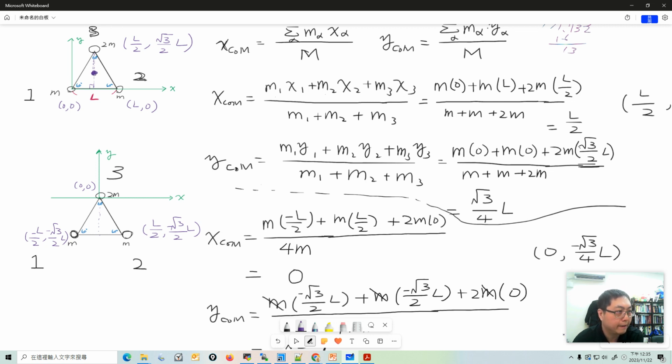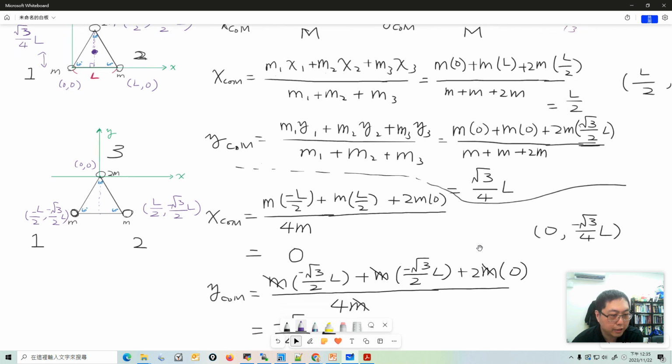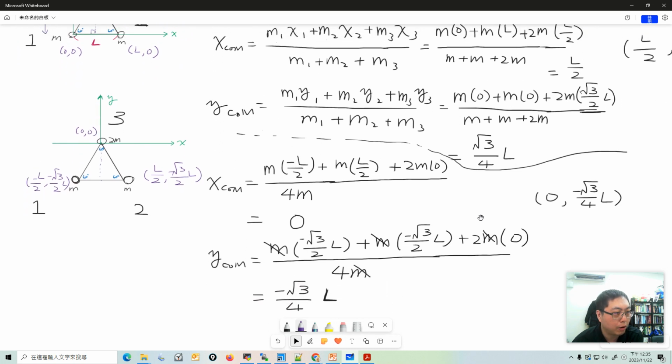This is square root of 3 L. And for the other coordinate, the x coordinate is no problem. It's 0, and it's square root of 3 divided by 4 times L, but negative, so it's here.